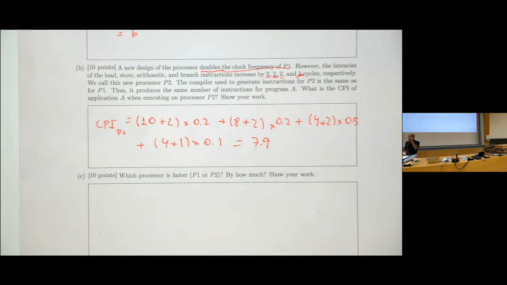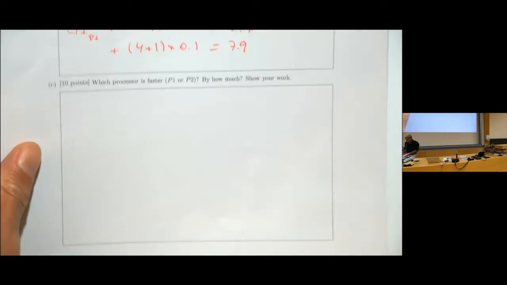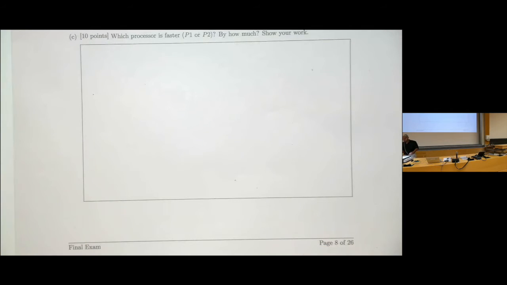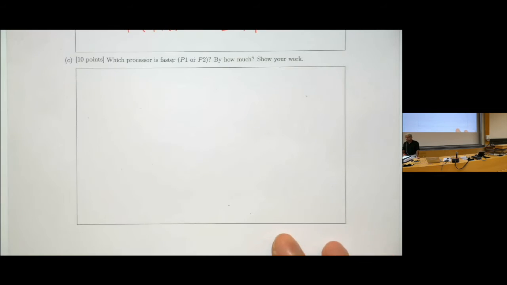Okay, any question? Okay, maybe not. So then it asks which processor is faster, P1 or P2, and by how much, and to show your work.